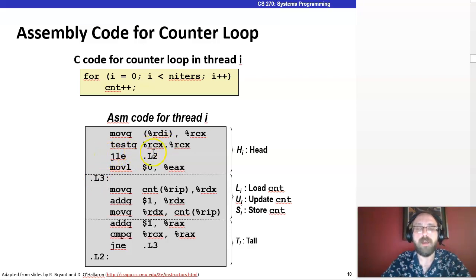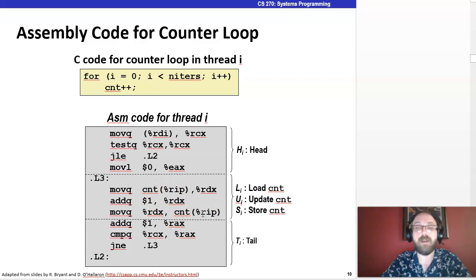If it is 0, we go to L2. We move 0 into EAX. EAX will be our counter I. This RCX here is our initers. We'll load that count variable, which is a global variable, into RDX. We'll add 1 to RDX. Then we'll move our RDX back into that variable.